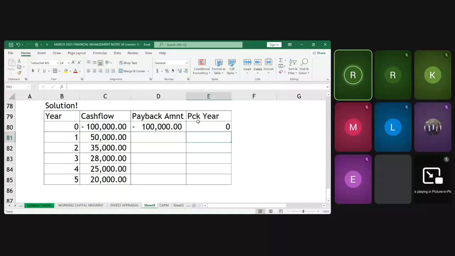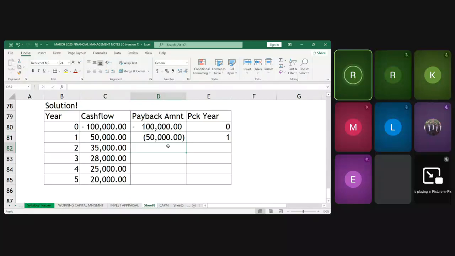That's year 0. If we go to year 1, we add what we have in year 0 plus what we are ending in year one, so that we see the remainder. Year one is gone, but we haven't recovered our money. We still have a gap of 50,000.